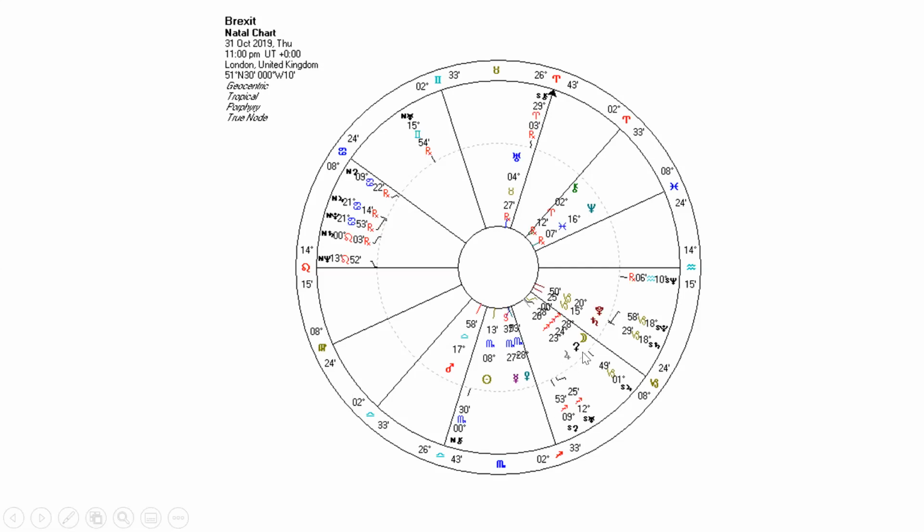We have the transiting moon on its way to the south node of Jupiter. And of course, we have Pluto and Saturn aspecting their nodes respectively. We still have Neptune, which is retrograde at 16 degrees, triggering the north node of Uranus again, and so forth. So again, we have a really important statement here.